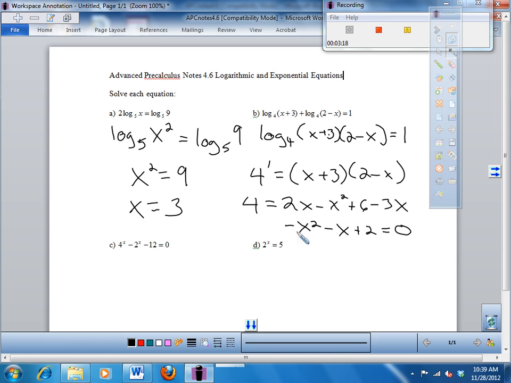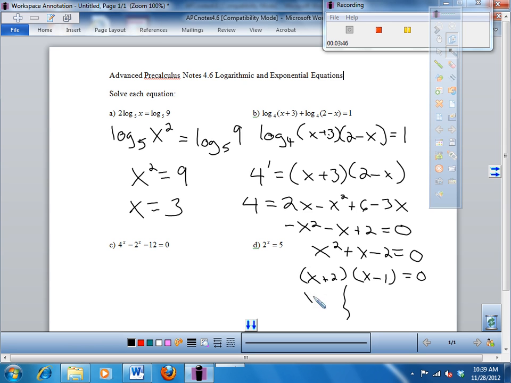Then I would multiply everything through by negative 1 so that I can factor it easier. So that gives you x squared plus x minus 2 equals 0. And then you factor it: x plus 2 times x minus 1 equals 0.